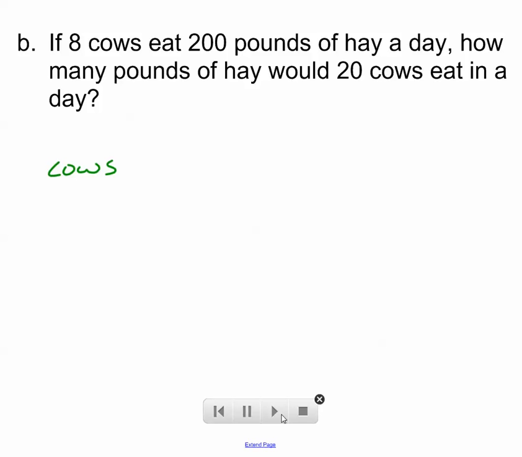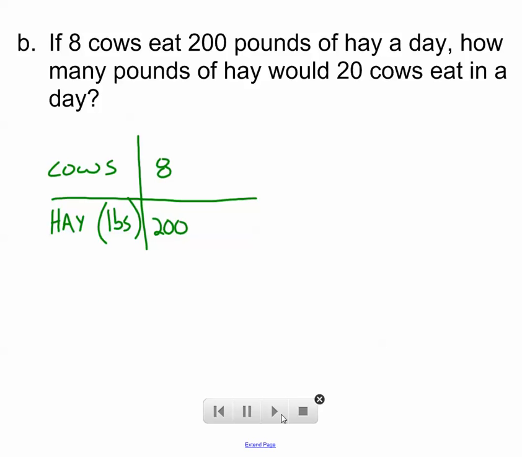So we've got our number of cows, and we've got our pounds of hay that we're given here. 8 cows eat 200 pounds. We're trying to figure out how many pounds 20 cows will eat. So there's our setup, and we can write our proportion. 8 over 200 equals 20 over x.